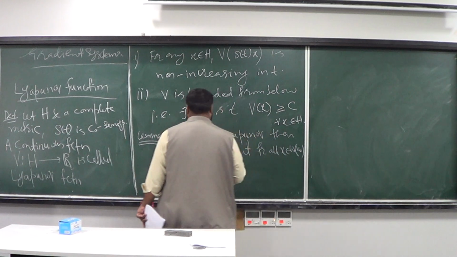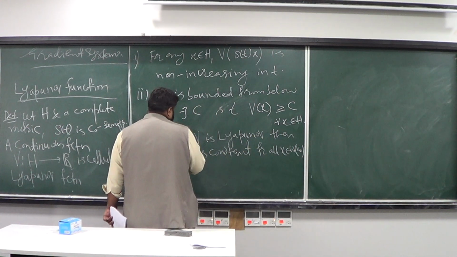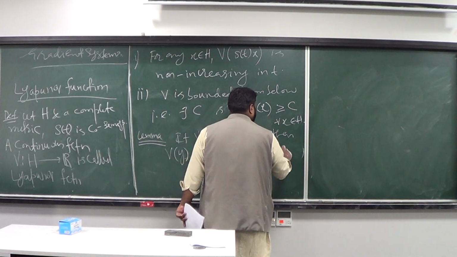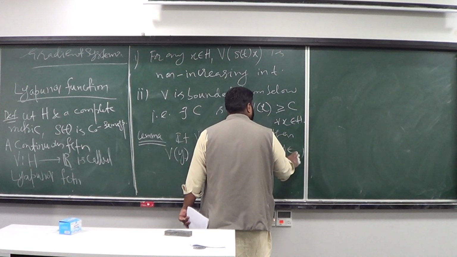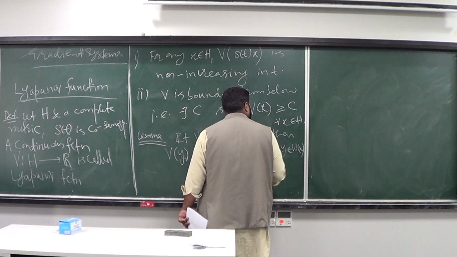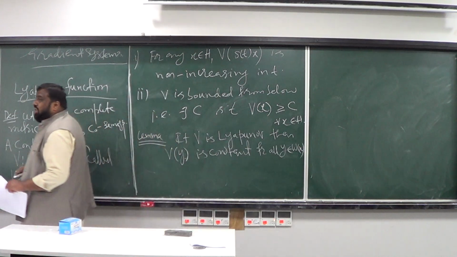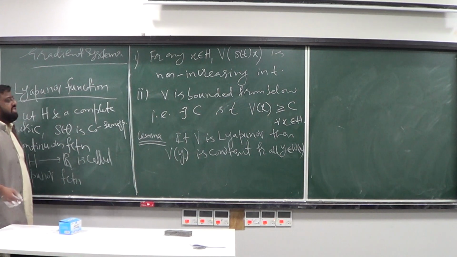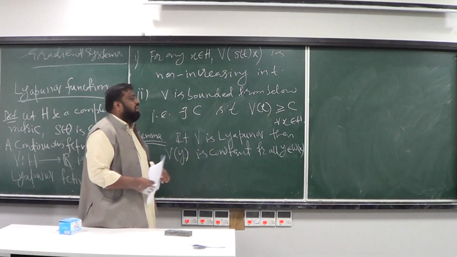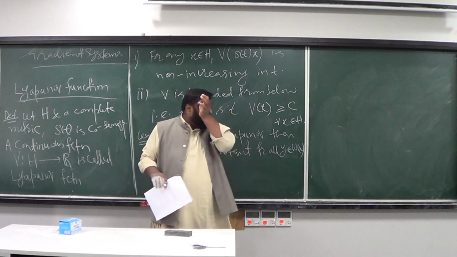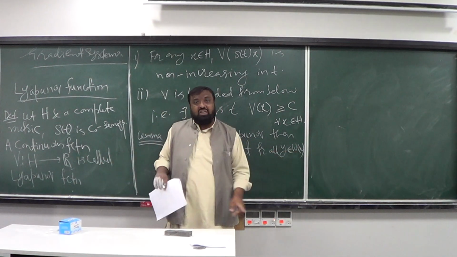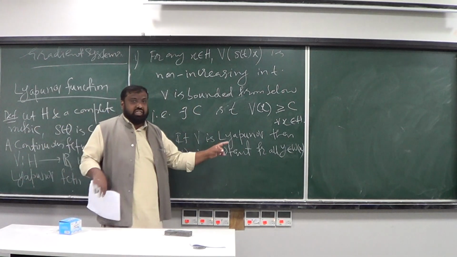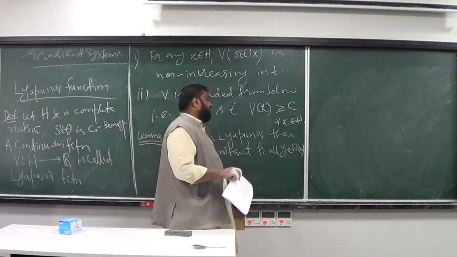So v of y is constant for all y in the omega limit set of x. Okay? So in other words, if you pick an element from the stationary solution corresponding to, say, initial condition x, then v should not change throughout the set actually. So v must be constant.